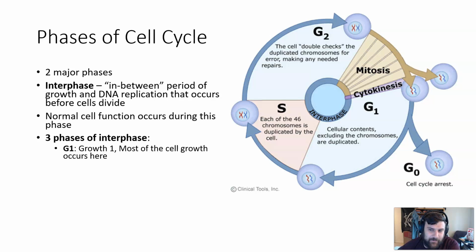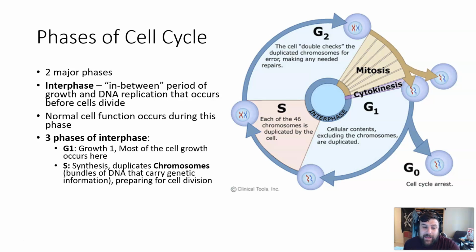Sometimes it's called gap, sometimes it's called growth, but either way it's referring to the same thing. During this phase, most of the cell growth will occur. So creating organelles and just growing in size, because yes, cells do still grow in size. They grow during this phase.